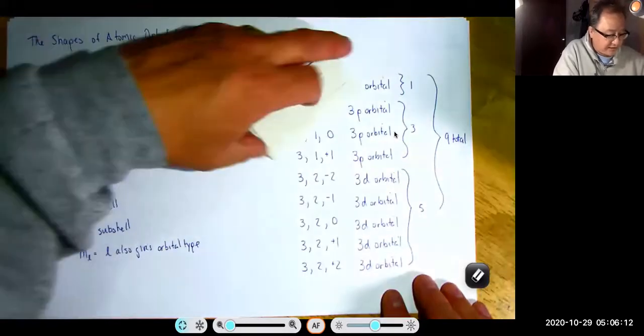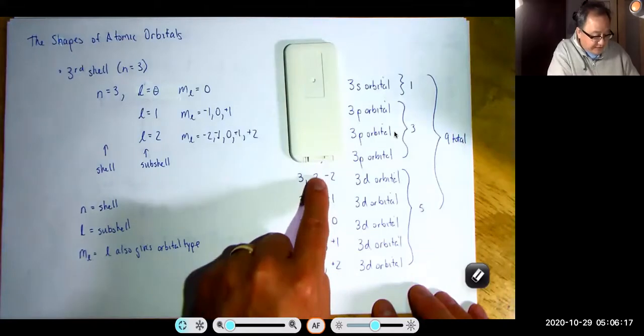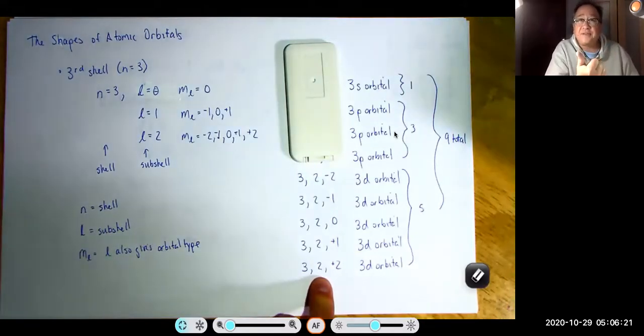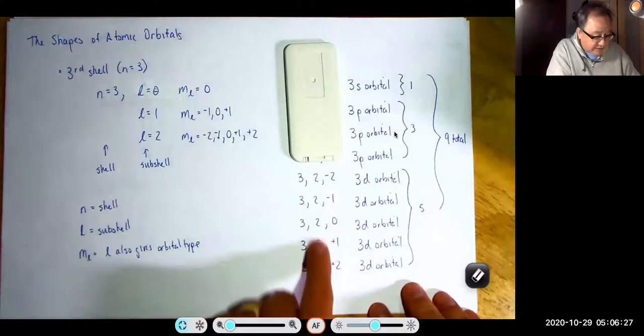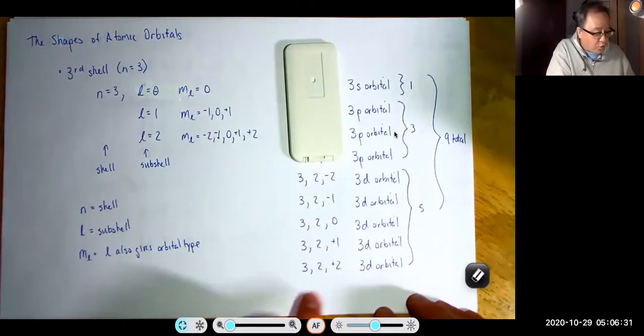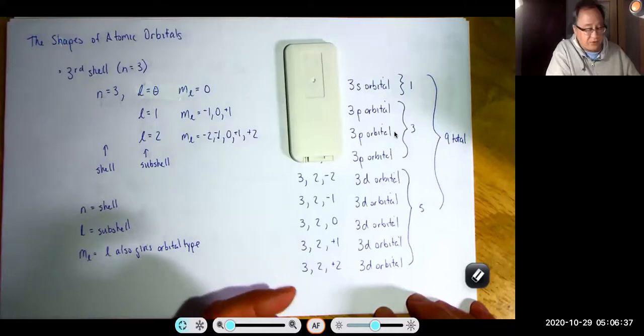Let's take a look here. When L is equal to 2, 0 is S, 1 is P, 2 is D. So this 3, 2 is a 3D subshell. How many orbitals do you find in a 3D subshell, and what type? Well, a 3D subshell has 3D orbitals.